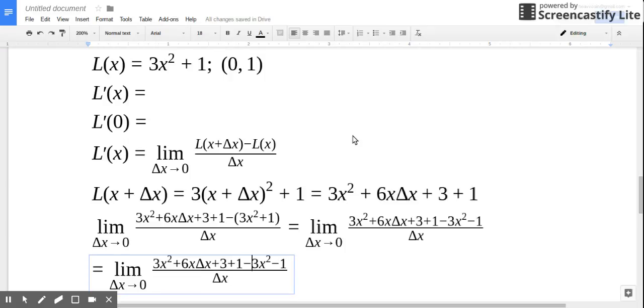So we have a plus 1 and, of course, a minus 1. So we're going to get rid of those, and that negative 3x squared, that positive 3x squared up front, those are going to go away also.